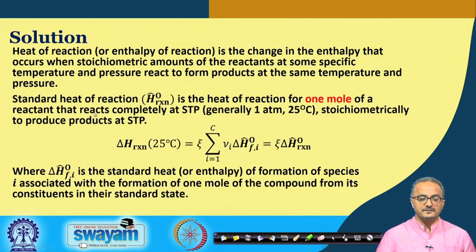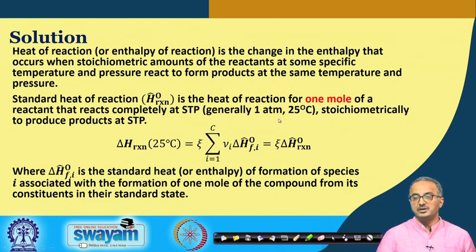Now, we also have the standard heat of reaction, which we write as H with a cap, a superscript O, and subscript Rxn. Rxn stands for reaction, the O stands for standard, and the cap stands for per unit mole. It is the heat of reaction for 1 mole of a reactant that reacts completely at STP.